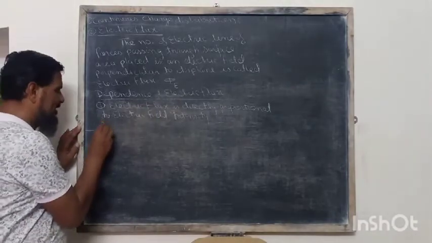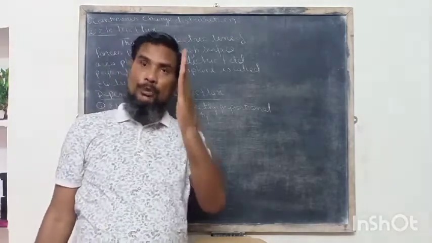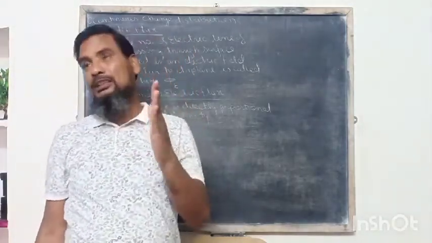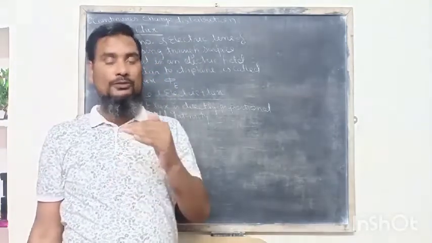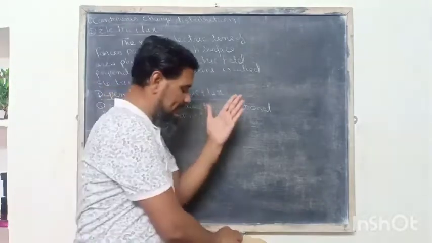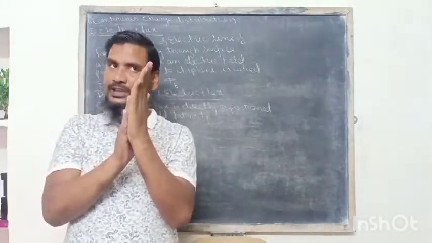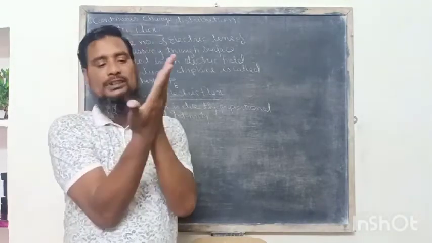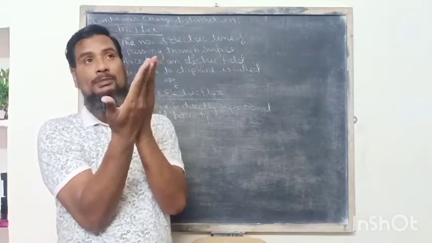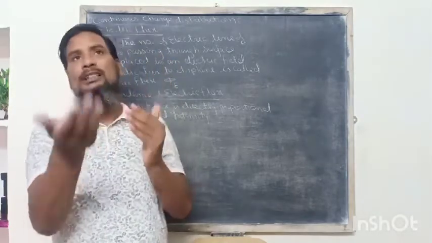The second dependence is this: if the area is greater, more electric line of forces pass through, and if the area is smaller, fewer pass through. Just like that, if I consider a single pan, fewer electric line of forces pass through. If we put a double pan, a greater number of electric line of forces pass through, so the electric flux will be greater.